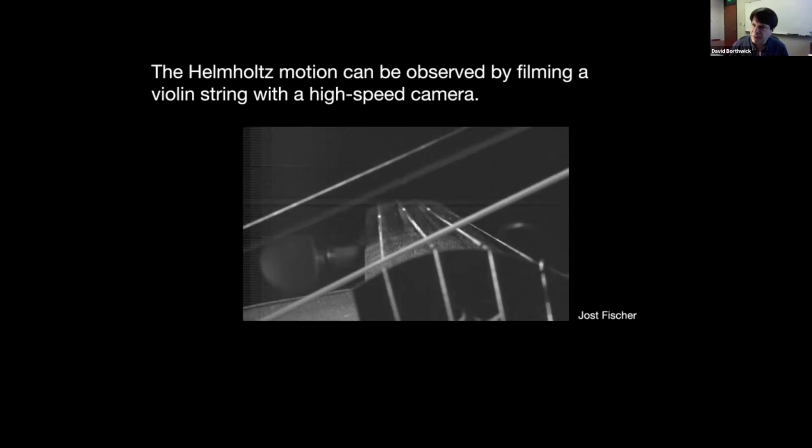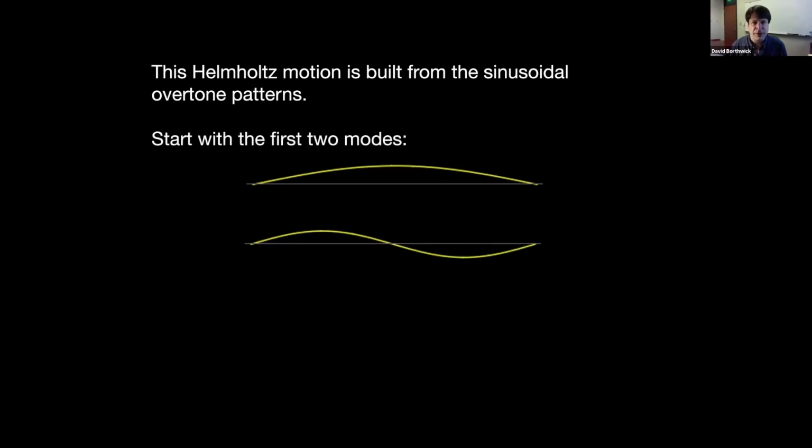And you can see that characteristic pattern of basically a sort of a kink traveling around in a kind of an oval up and down the string. So we claim that is basically a superposition of the sinusoidal overtone pattern. So we're putting a bunch of the different overtone patterns together in order to generate that motion that the string actually has. So let me just try to show you how that works.